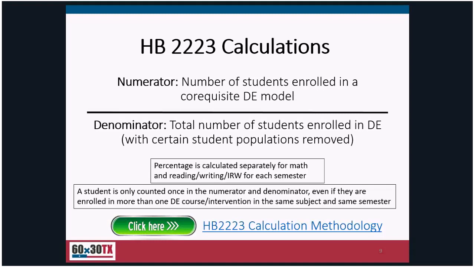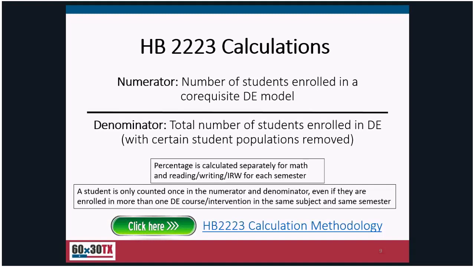So if by chance your institution is still doing a standalone DE reading and/or writing course with a college level course, that will not count as a corequisite under House Bill 2223. And note that a student is only counted once in the numerator and denominator, even if they're enrolled in more than one DE course or intervention in the same subject and same semester.